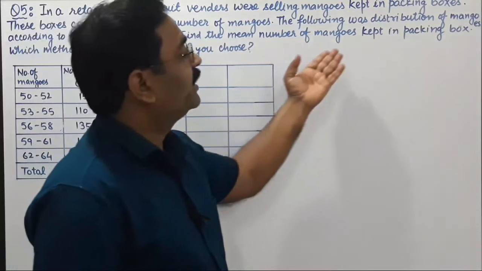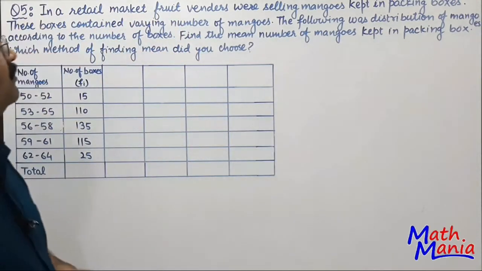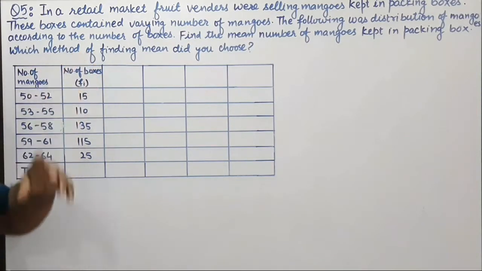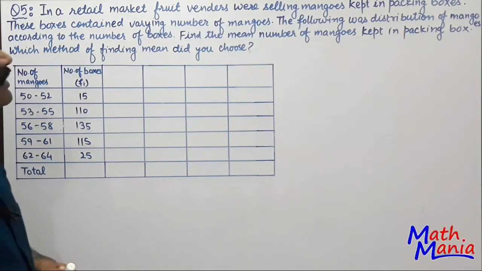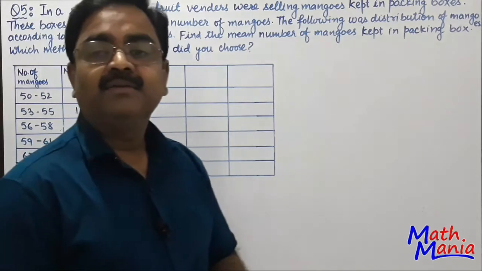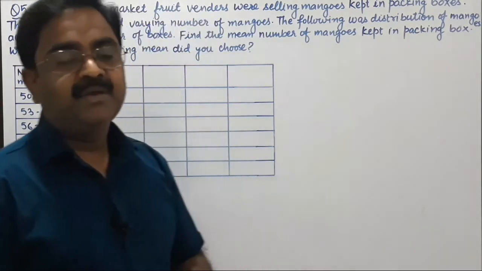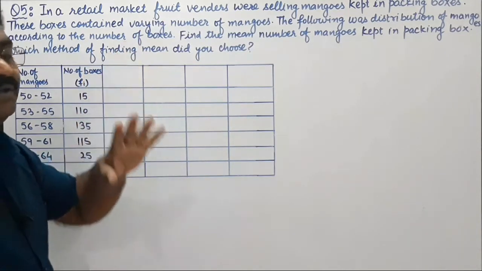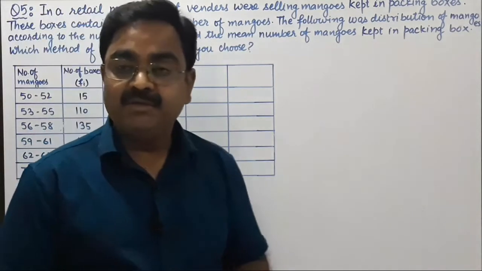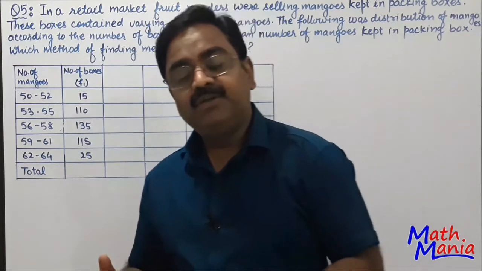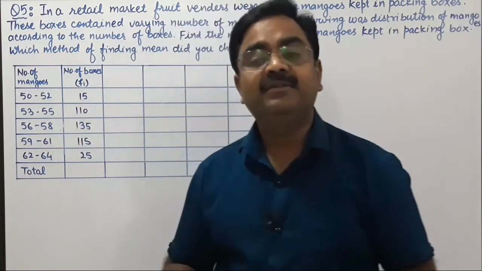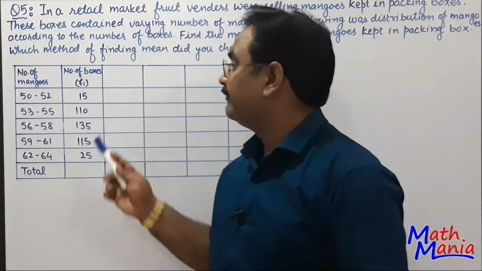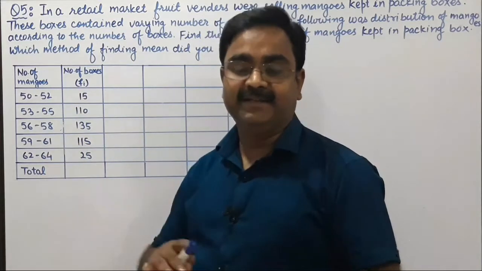Find the mean number of mangoes kept in a packing box, and choose which method you are going to use to find the mean. The method depends on the numbers and the data given in the question.